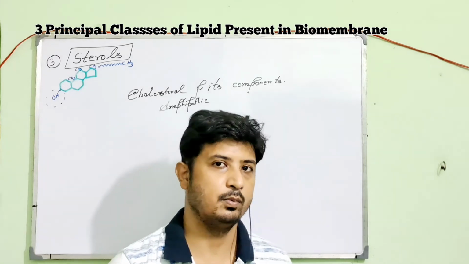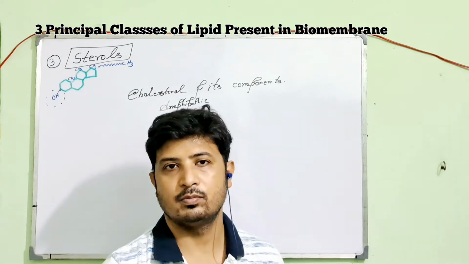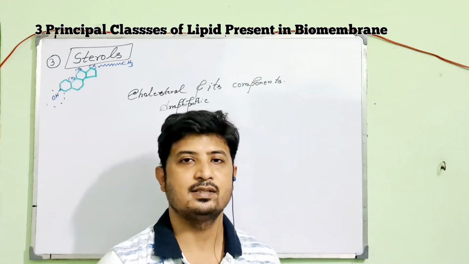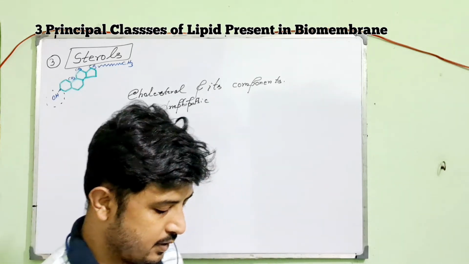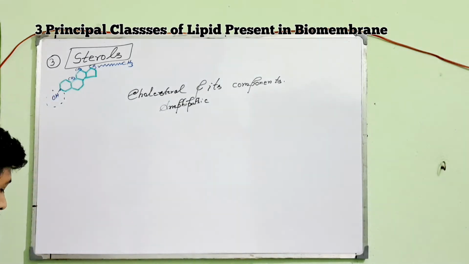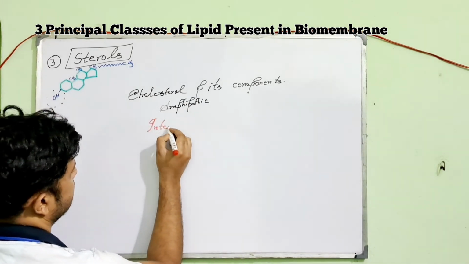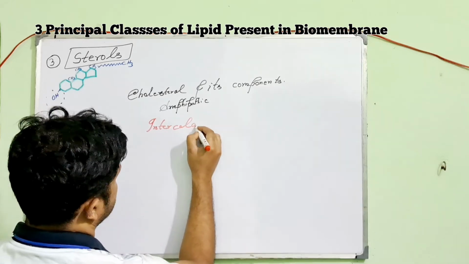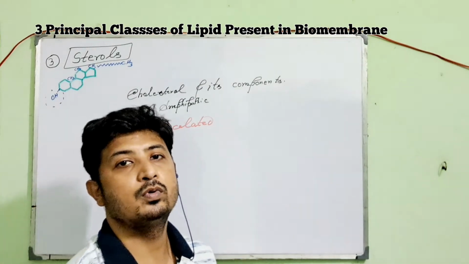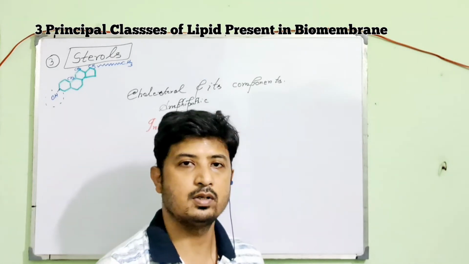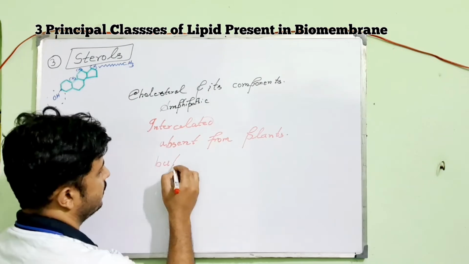If they formed a biomembrane, there would be clashes between the molecules, so it would not be a stable biomembrane. That's why it is not formed. So it is intercalated in between the biomembrane with the help of phosphoglycerides, sphingolipids, and also proteins and other things.